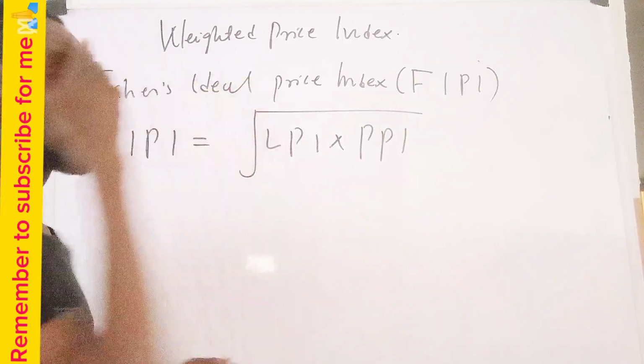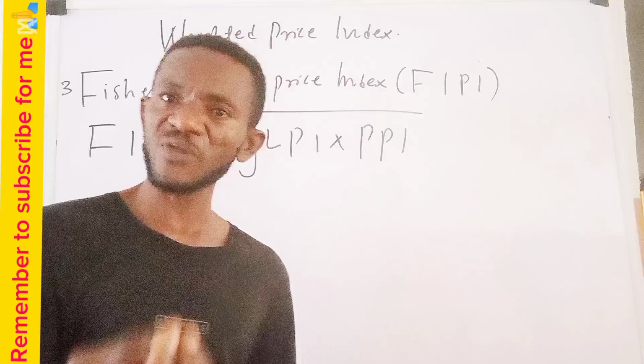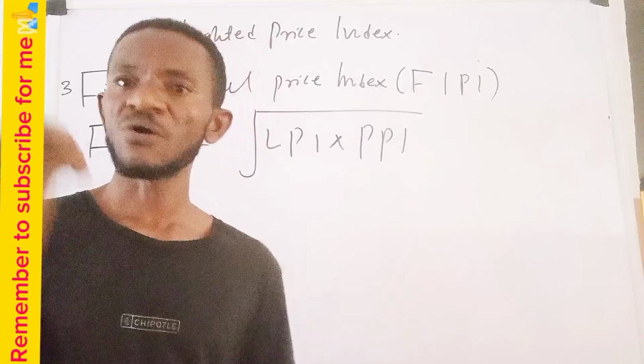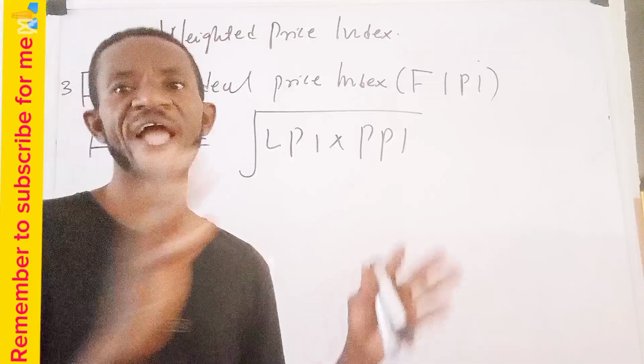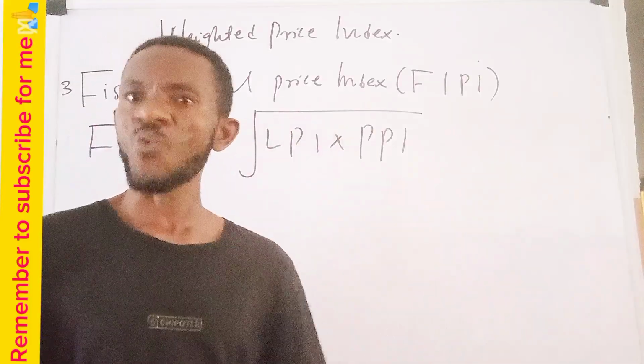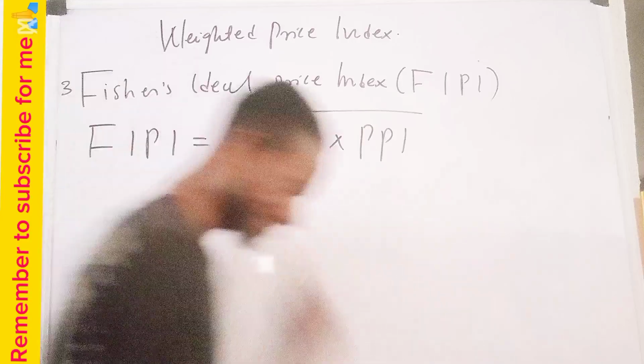So permit me to clean here. Let us discuss the relevance, or the importance, or the advantages of index numbers to either a business person or the government. Why do we think that index number is relevant or important?